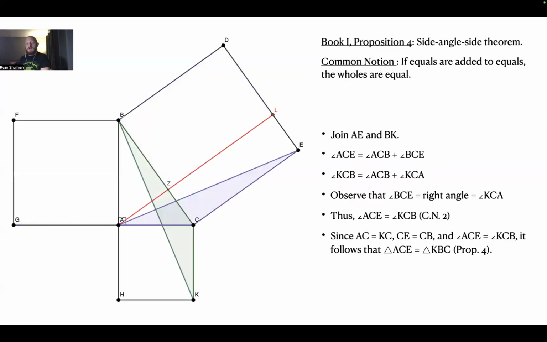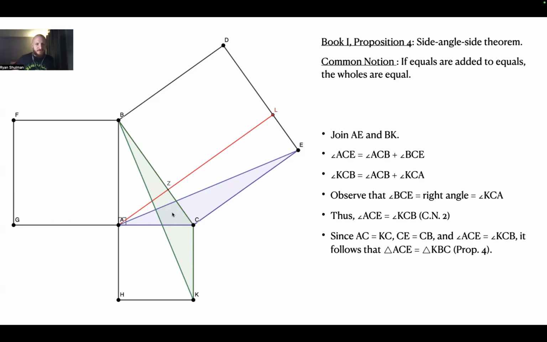And we're going to do it in a very symmetrical way. So we'll start off by joining AE and BK. Notice that angle ACE, the wide angle of this purple triangle, is equal to angle ACB plus angle BCE. And similarly, angle KCB, which is the wide angle of this green triangle, can be written as angle ACB plus angle KCA.